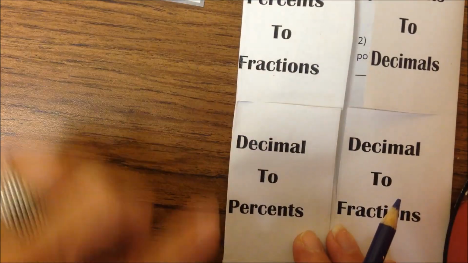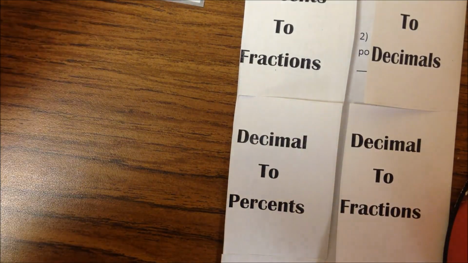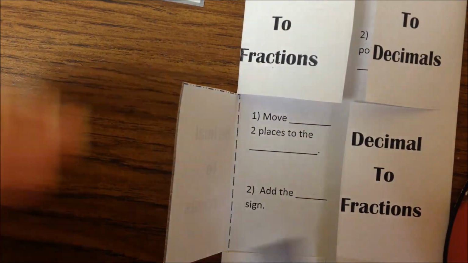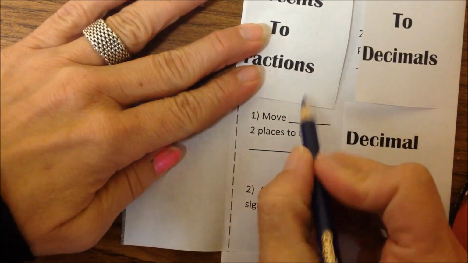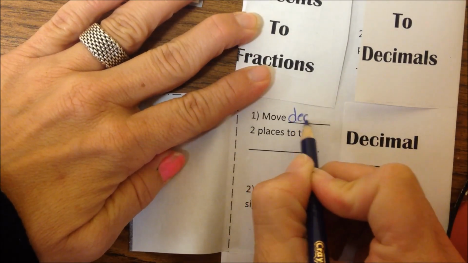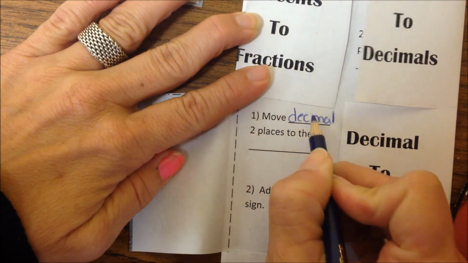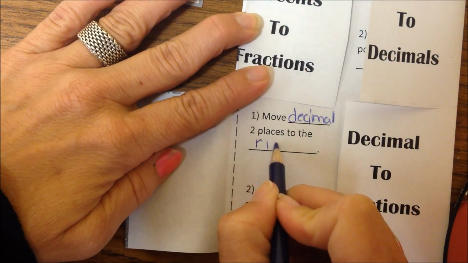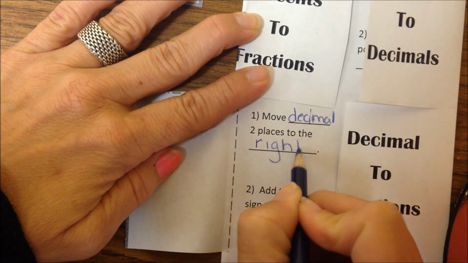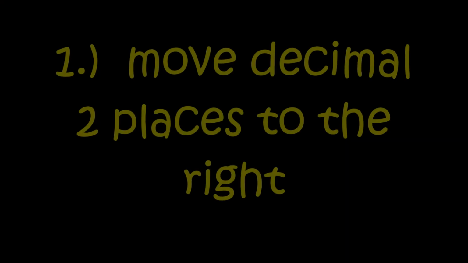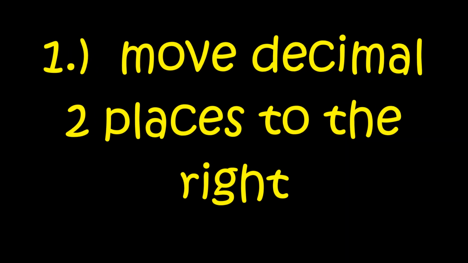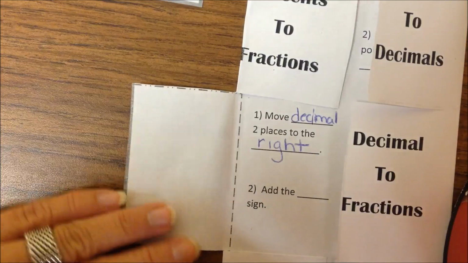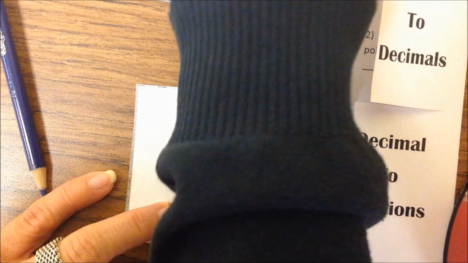So we're going to go from a decimal to a percent. The first step you're going to do is move the decimal two places to the right. And then you want to add your percent sign.